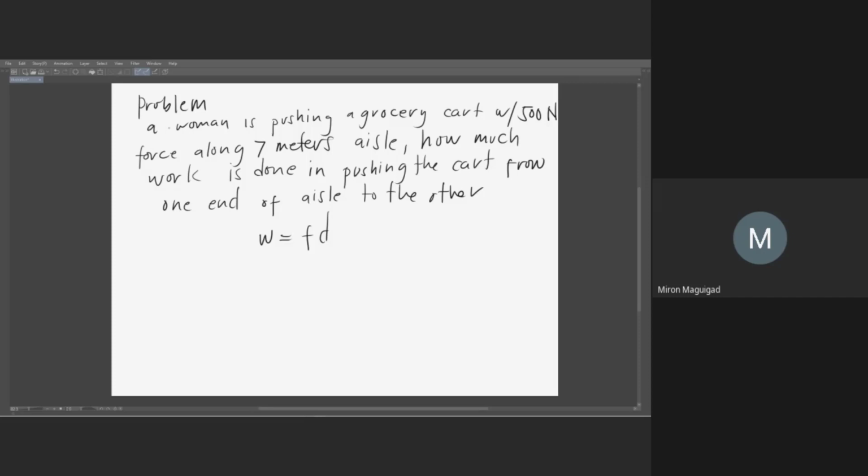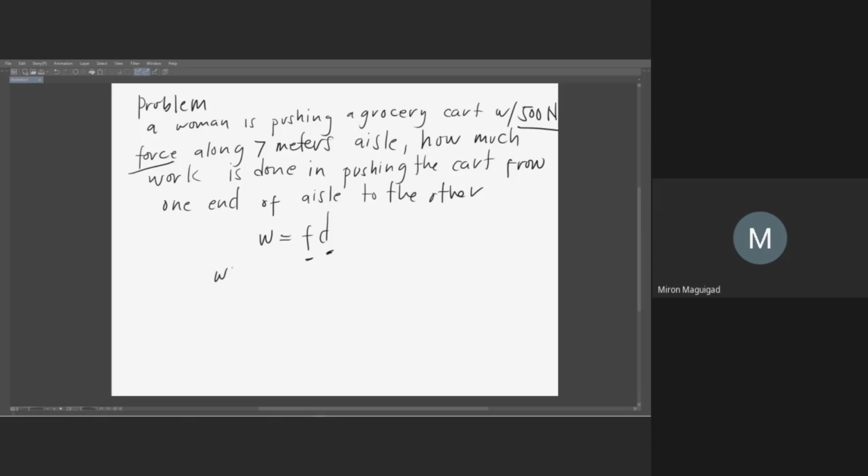A woman is pushing a grocery cart with 500 Newton force, so we already identified the value of F, along 7 meters. And 7 meters is the distance or displacement, the aisle. How much work is done in pushing the cart from one end of the aisle to another?